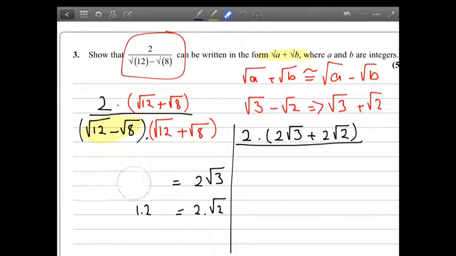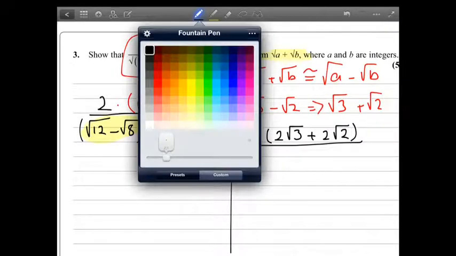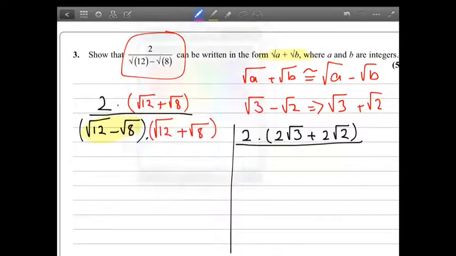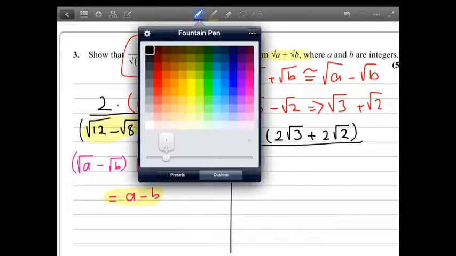We have an easy method to find the multiplication of two conjugate numbers: square root of a minus square root of b times square root of a plus square root of b is equal to a minus b. That is our trick or shortcut, whatever you call it.